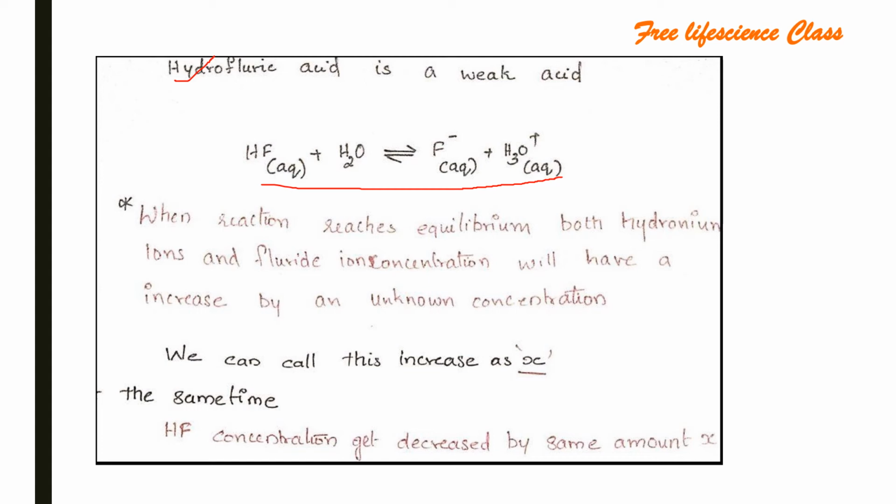And before the reaction proceeds, here in the question, it is given that the hydrofluoric acid is 0.04 molar. Okay. Since water is a liquid, its concentration is irrelevant for the expression. So, when this reaction reaches equilibrium, both the hydronium ion and fluoride ion concentrations will increase, and we don't know how much.